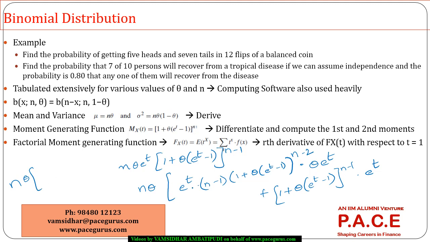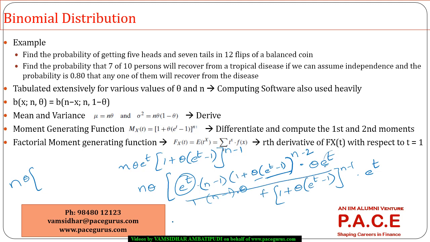Now let me start substituting t equal to 0 to simplify this whole thing. E power 0 is 1. Then it is n minus 1 into theta e power t. If I am substituting 0, e power 0 is 1, and e power t minus 1 is 0, so theta times 0 is 0. The whole base is 1, and 1 to the power n minus 2 is also 1.